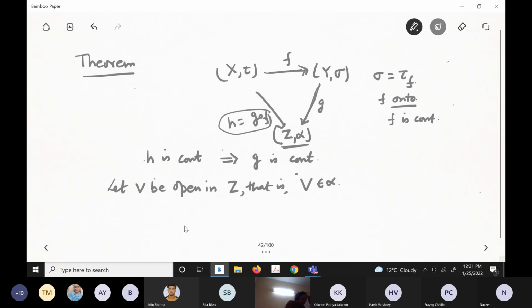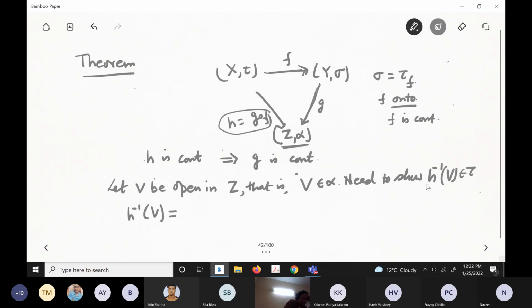Now look, I need to show that H inverse V belongs to tau.